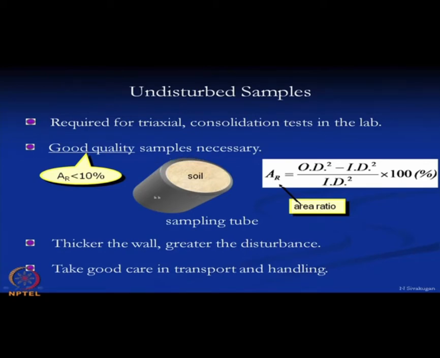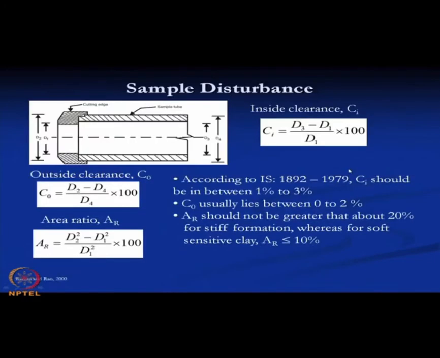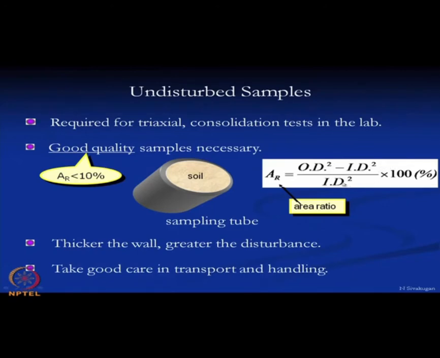The area ratio is the outer diameter squared minus the inner diameter squared, divided by the inner diameter squared, expressed as a percentage. We measure the inner and outer diameters of the sampling tube and determine the area ratio.